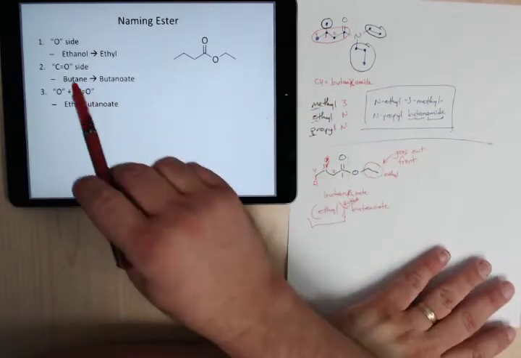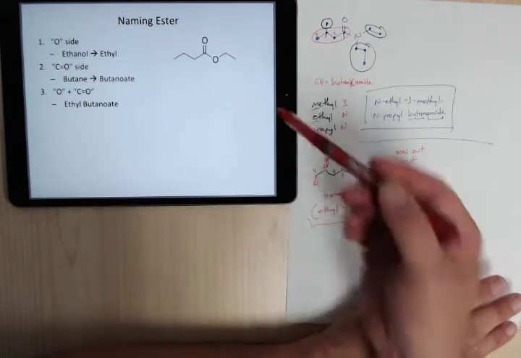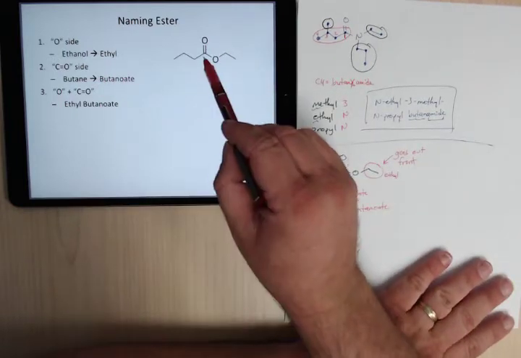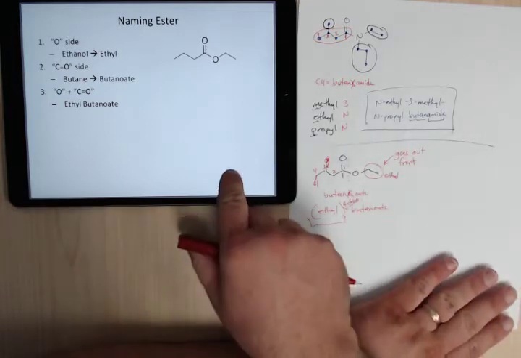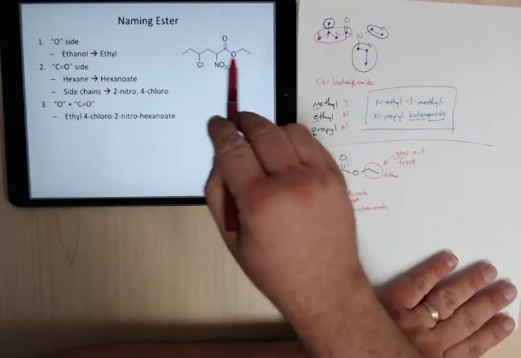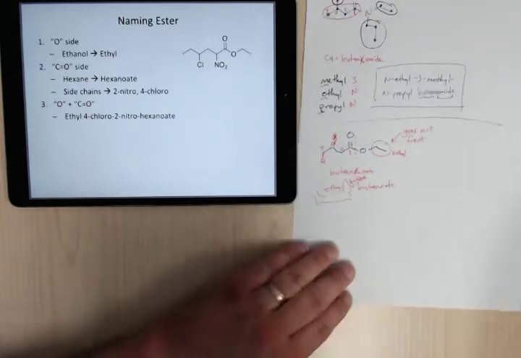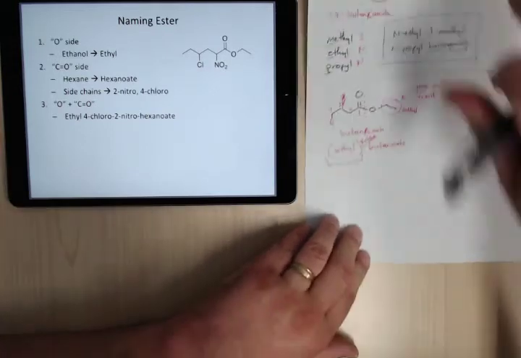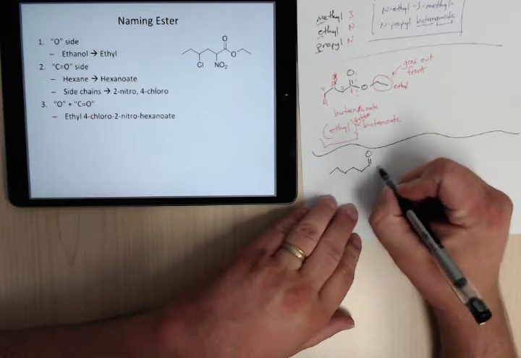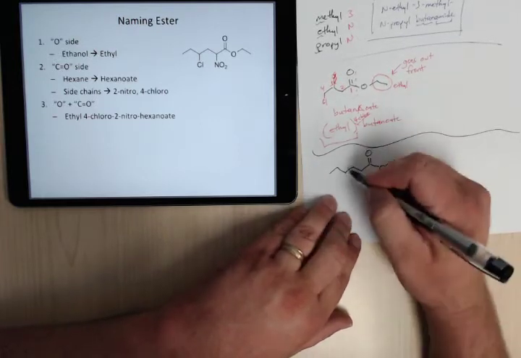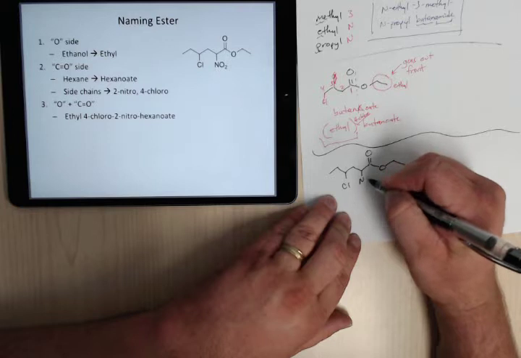So here we go, right? So we have ethyl butanoate. That's just what we did. Okay, if we want to do something a little bit more complicated, slightly, I guess. Okay, so we have a chlorine here, nitro here.